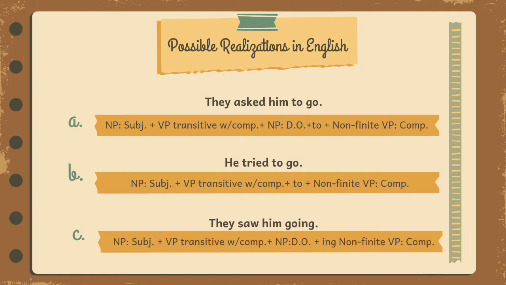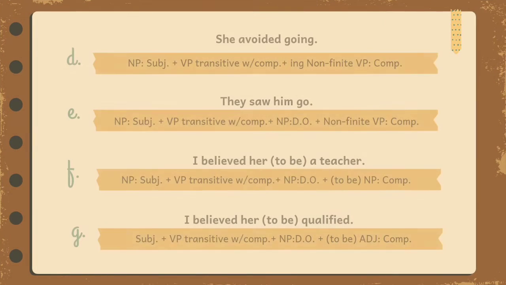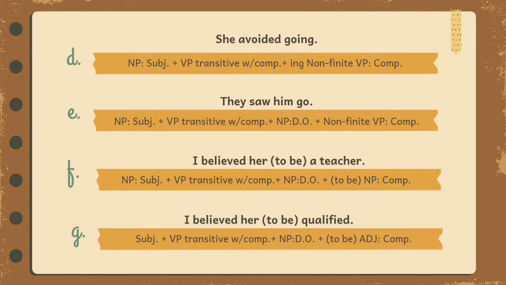So, noun phrase as subject, verb phrase transitive with complement, noun phrase as direct object, and finally, an ing non-finite verb phrase as a complement. D. She avoided going. Noun phrase as a subject, verb phrase transitive with complement, and ing non-finite verb phrase as a complement. In this case, we do not have a direct object.